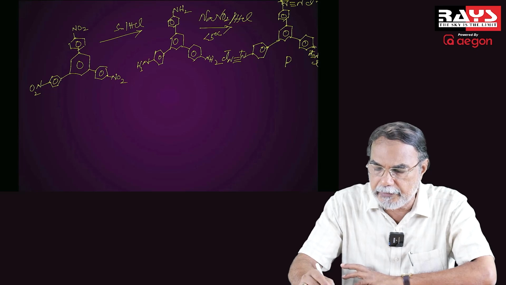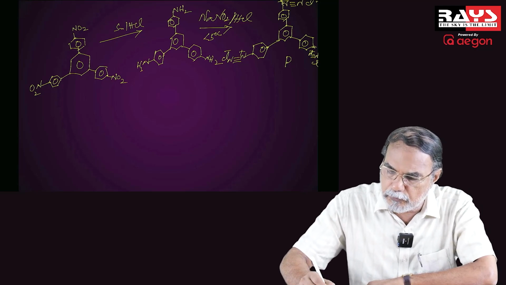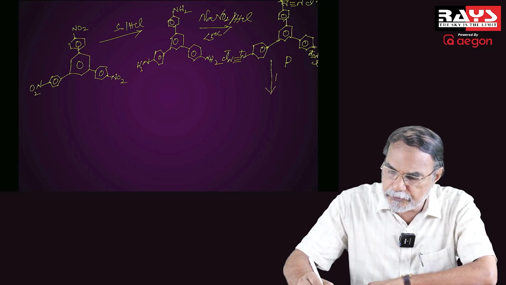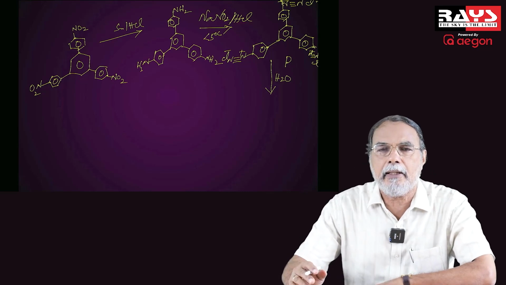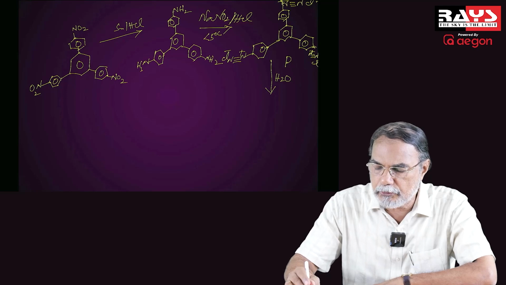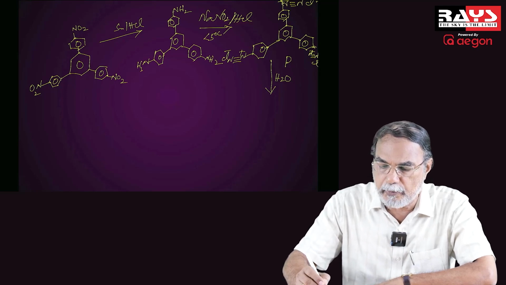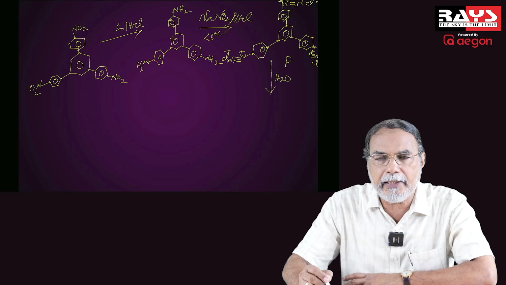So all the three NH2 groups undergo diazotization to form this compound P. And upon treatment with excess water, the diazonium salt is decomposed by heating with water. What happens is the diazo group is completely detached and the position is occupied by OH group, a reaction which is very familiar to you. Benzene diazonium chloride, on heating with water, gives phenol.